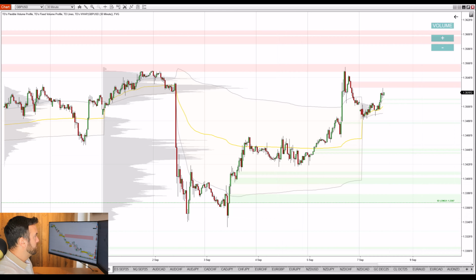So, on the British pound, we also have a sort of rejection. If you look at it like this, this was a rejection. By the way, this is a 30-minute chart of the British pound.